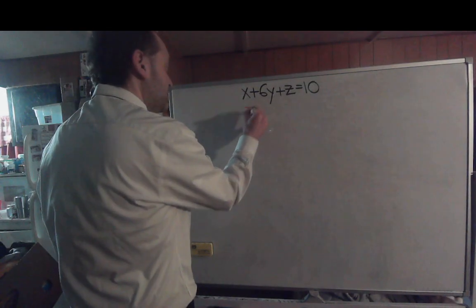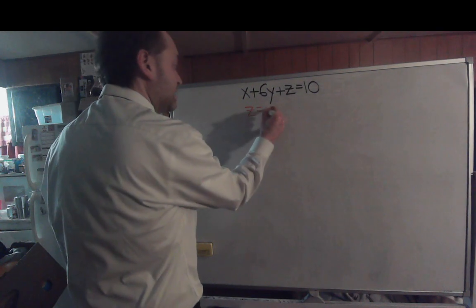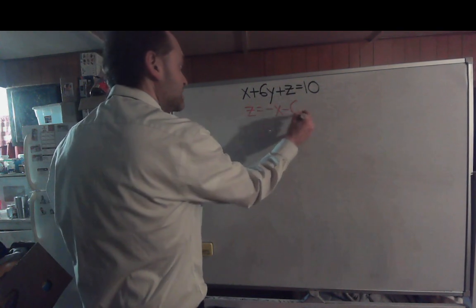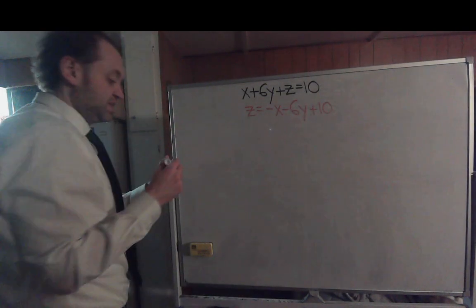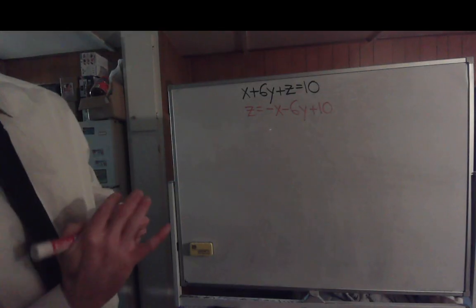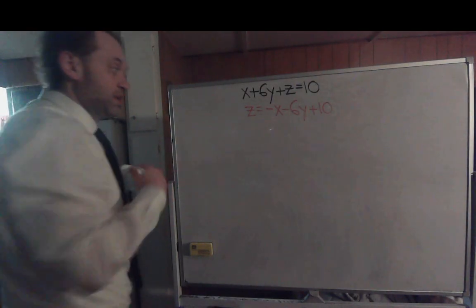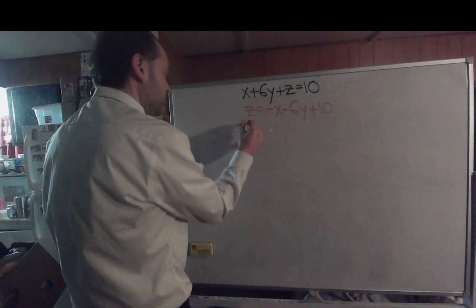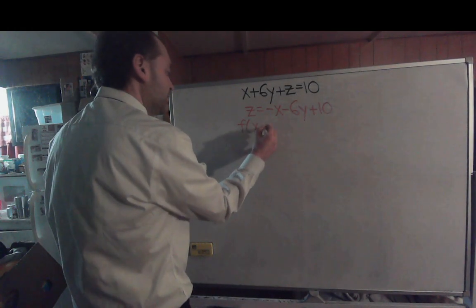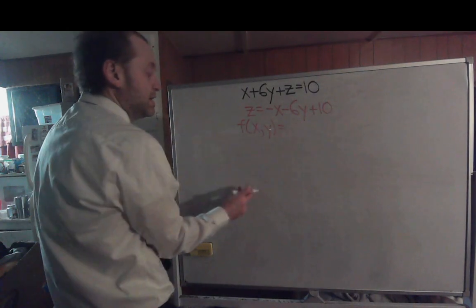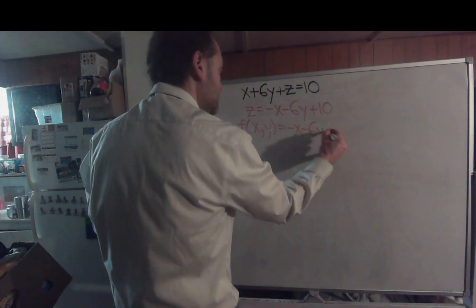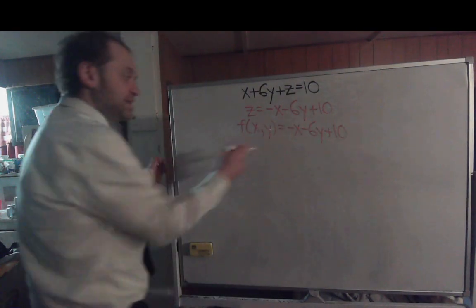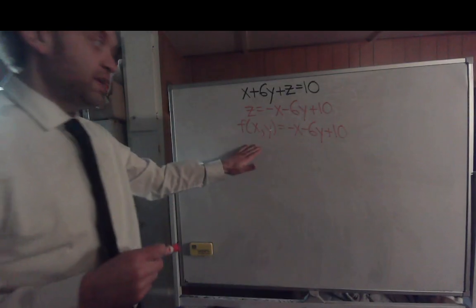If you get z by itself, that's going to look a lot like negative x minus 6y plus 10. You'll have z equals negative x minus 6y plus 10, which, as we know, z is a function of x and y, so you would get f of x comma y is equal to negative x minus 6y plus 10. So that's easy enough. You just made z a function of x, y.